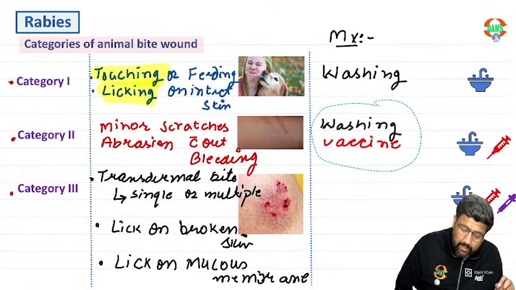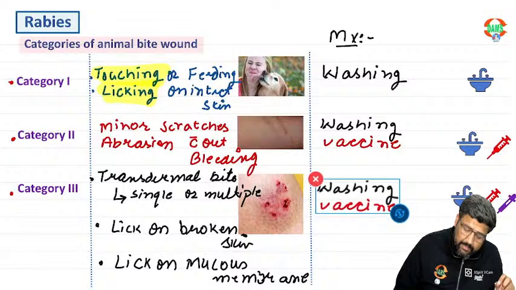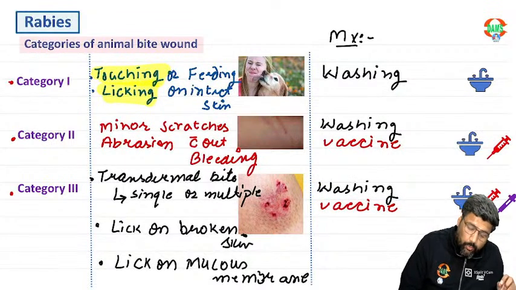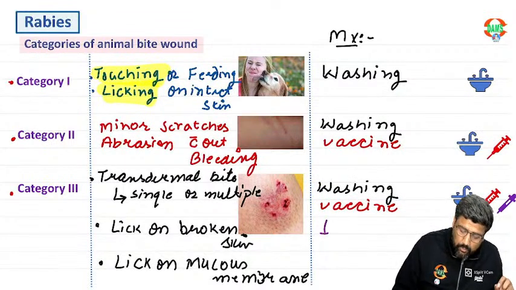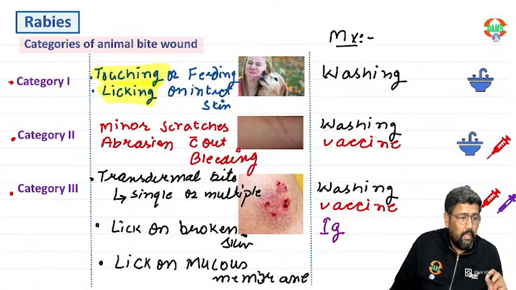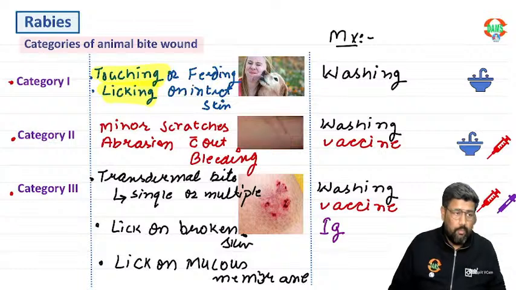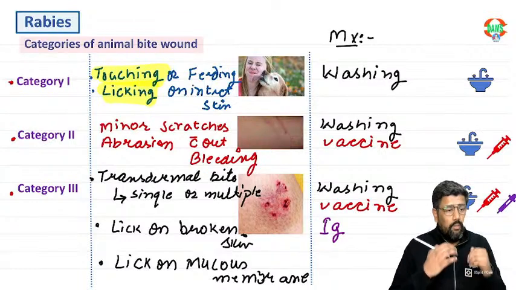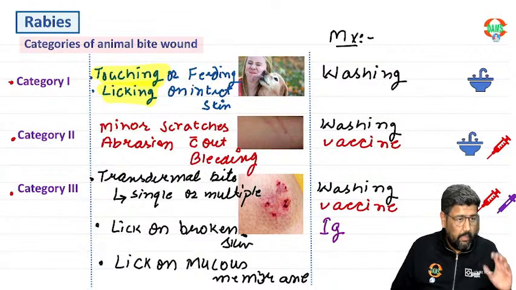And category 3 needs washing, vaccine, and along with them the patient also needs immunoglobulin. So category 1, 2, 3, their management is done.